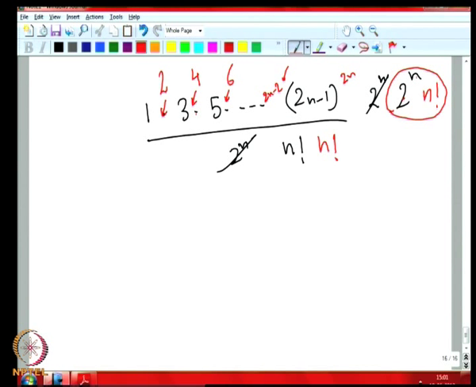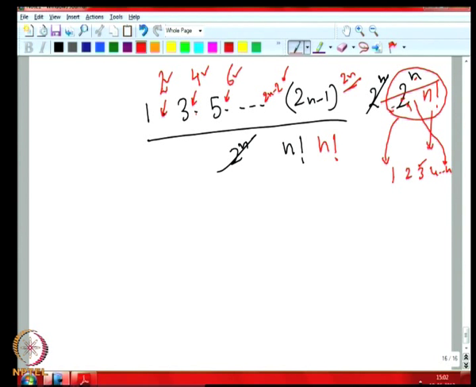Because I have 2 to the power n, the n 2's which I need I have here, and this n factorial will provide the remaining, because n factorial is 1, 2, 3, 4 up to n, right. So, one of the 2's I take from here and multiply it, I get this 2, and another 2 I take and multiply this 2, I get this 4, another 2 from here I take and multiply this 3, I get 6, and so on. So, the last 2 will multiply this n, and we will get 2n.